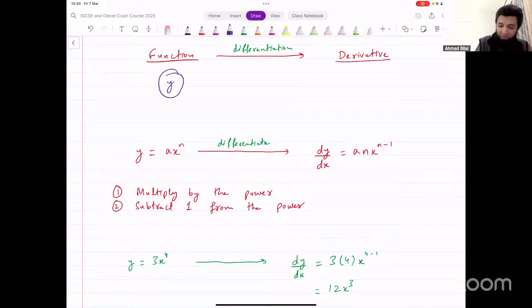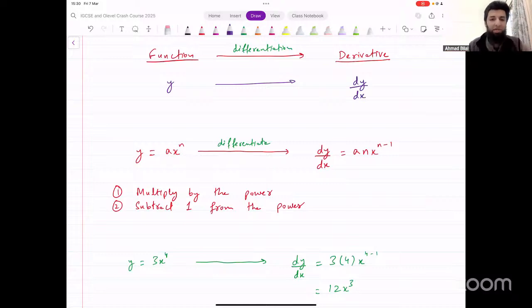If the original function is y, the derivative is denoted by dy over dx. That's the notation that we use for the derivative, dy over dx.